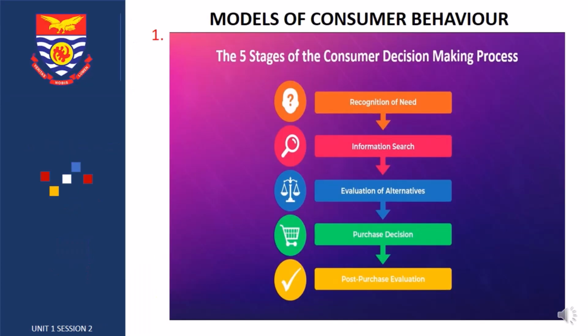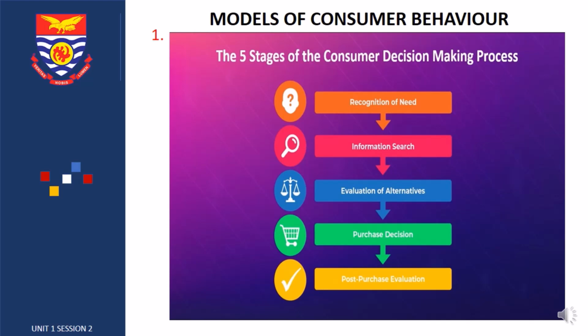Now, one of the models of consumer behavior, as I talked about in the first session, has to do with the consumer decision making process as a model. And this gave us the 5 stages of consumer decision making.